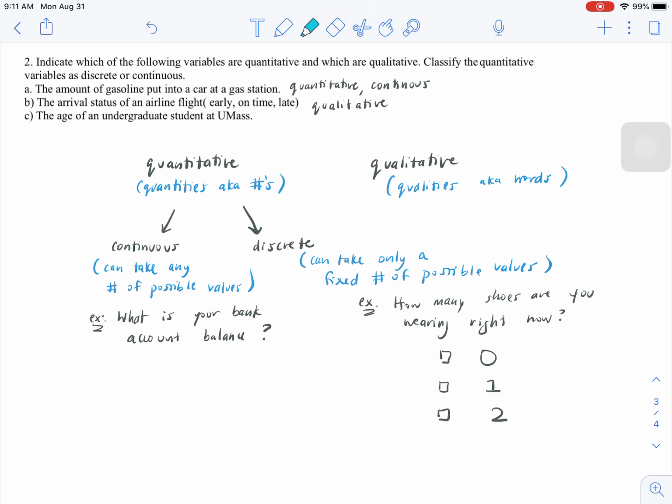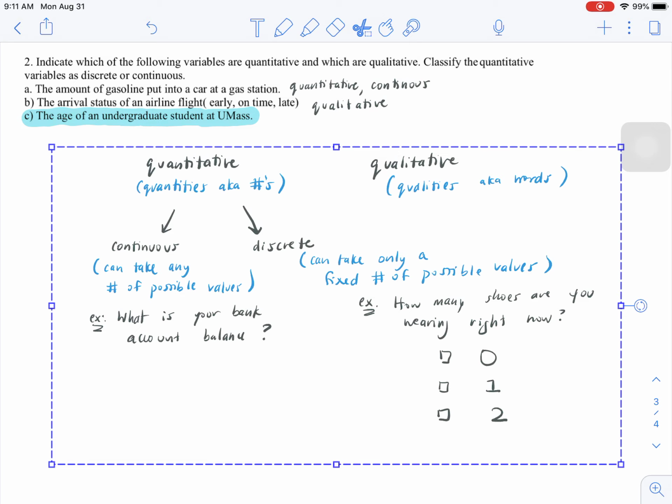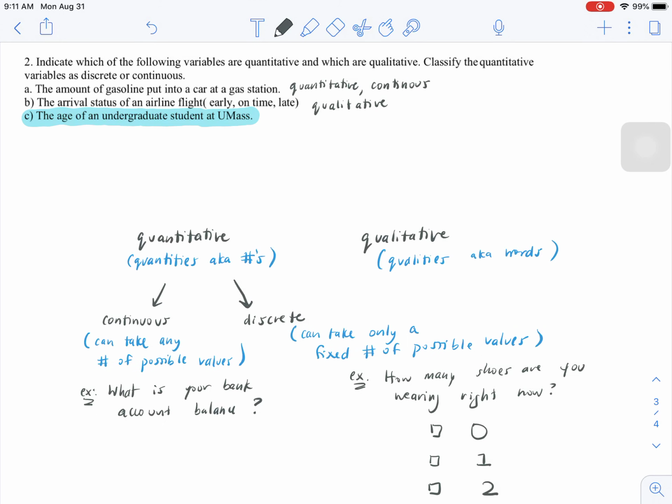Last, part C, the age of an undergraduate at UMass. This is a bit of a tricky one. I think it can go, well, first of all, it's definitely a quantity, right? We're talking about age, which is a number. So if we measure it as a number, this is a quantitative variable.